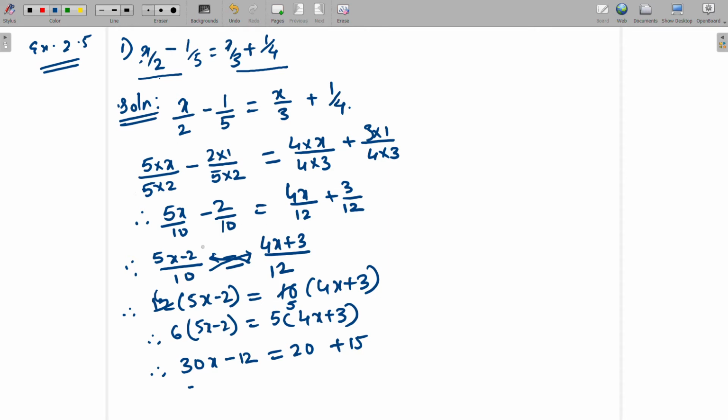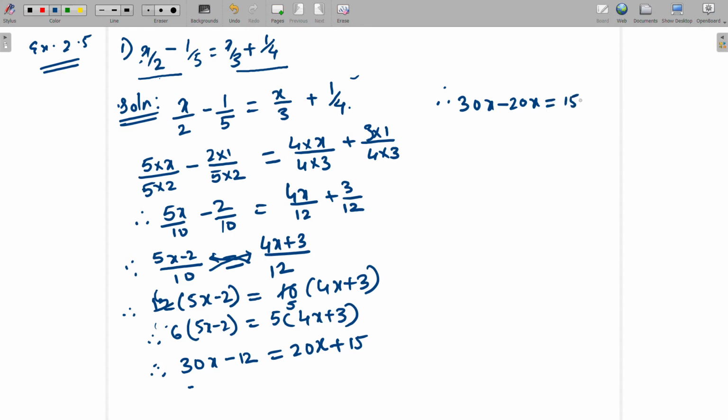Now when we are opening the bracket, this is the value we are getting. Now the equation is in the simple form. Now we have to just arrange the terms. Therefore, 30x minus 20x. Oh, here it is x. Let me just write it over here. 20x is equal to 15.